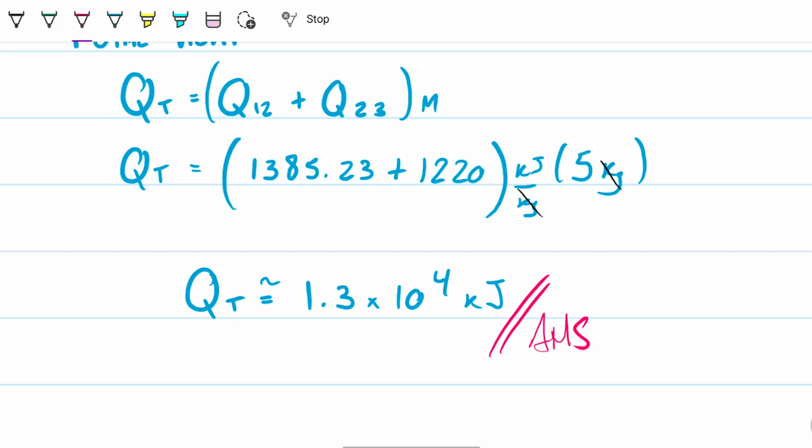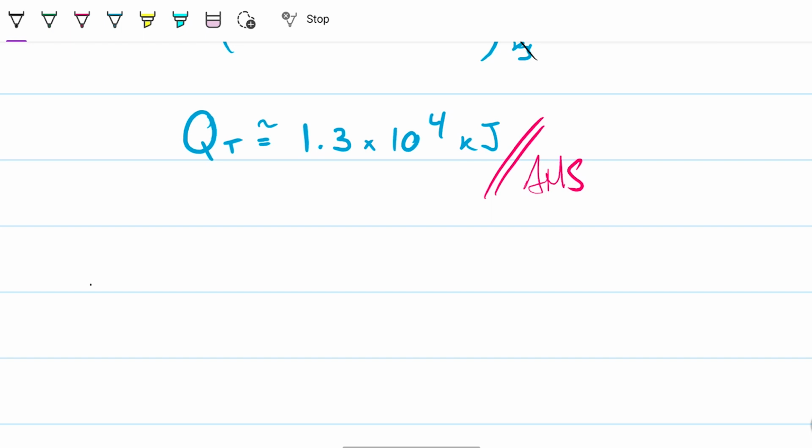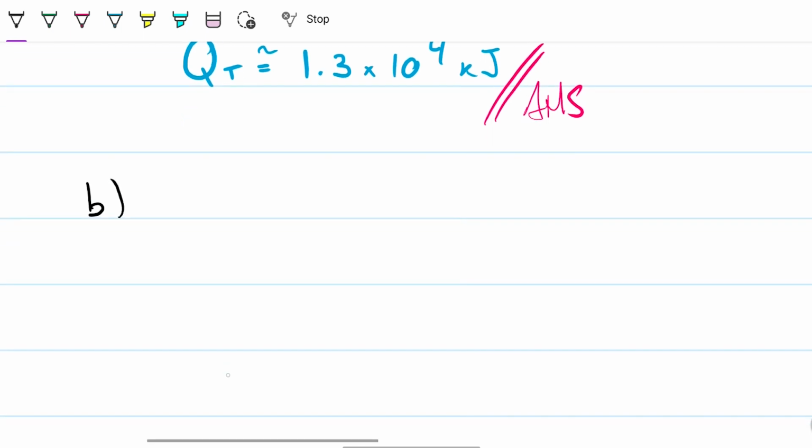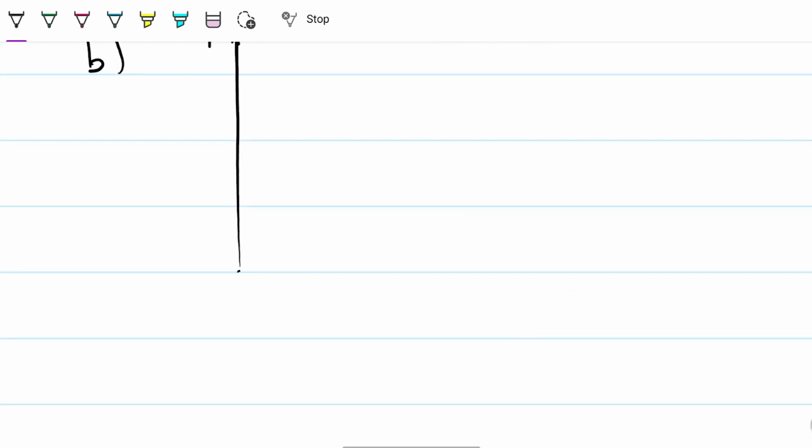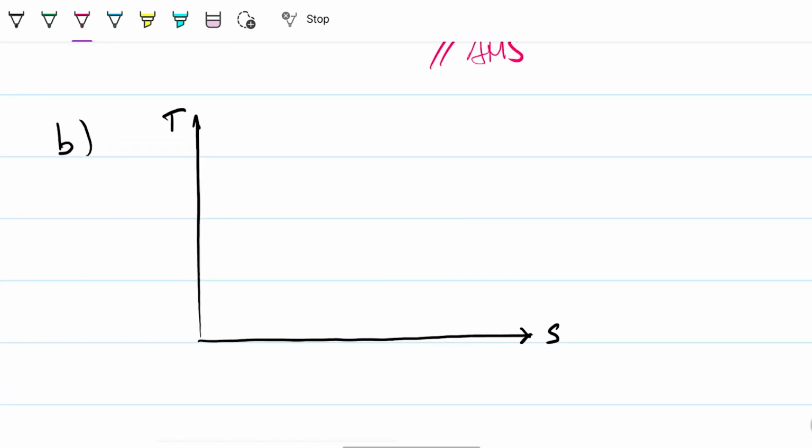All right, with that out of the way, the only thing left for us to do is put the TS diagram in place. So part B asks us, can you please do a TS diagram? And we know the TS diagram has like so.